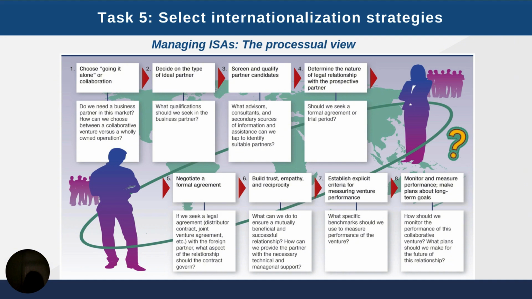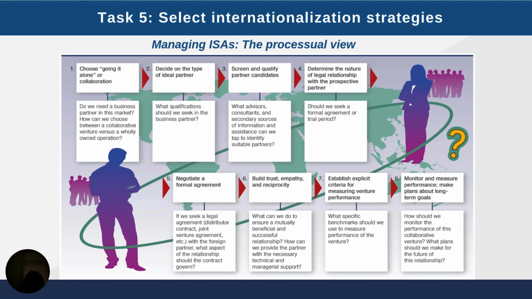So basically the textbook framework gives you quite a systematic 8 steps. First of all, you need to choose whether or not you are going alone, essentially whether you're doing FDI or entering an international partnership or international strategic alliance. Once you have made up your mind that you would like to collaborate with someone else in the foreign markets, you decide on the type of ideal partners.